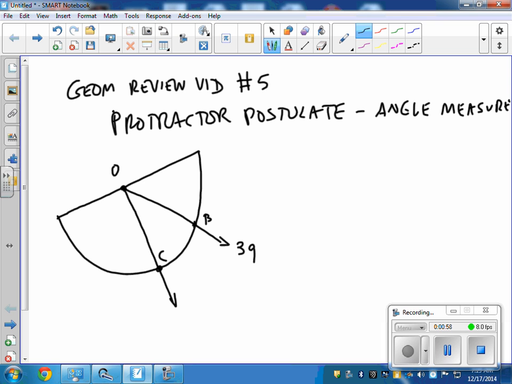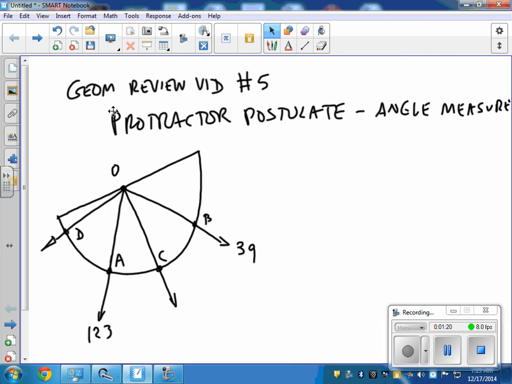I'll probably have to find that. That's C. And this one comes out and has a coordinate at 123 at point A. And lastly, there's a ray coming out here. No coordinate listed, but this is point D. And we're asked to find some certain pieces of information.